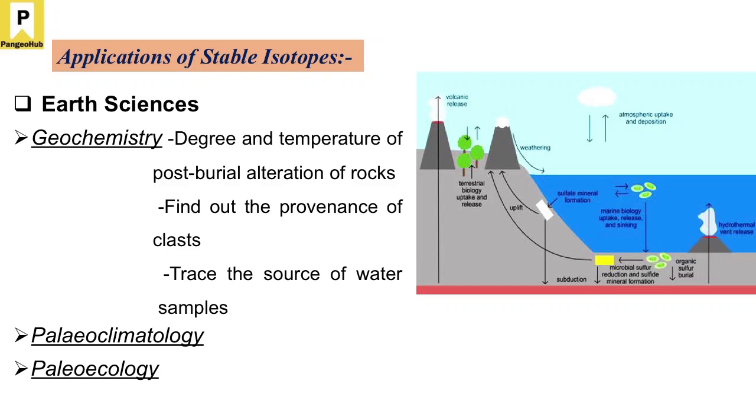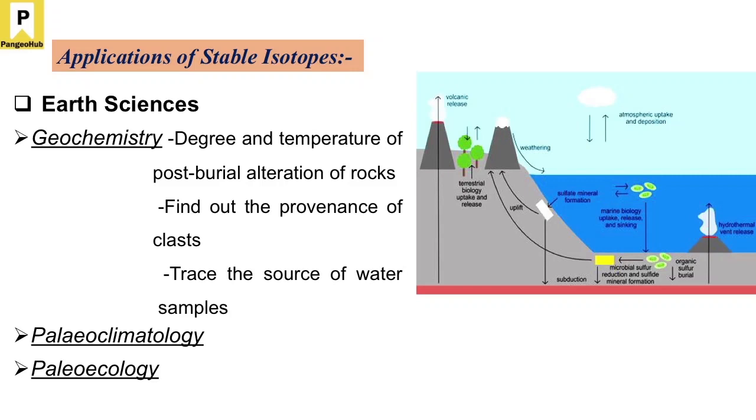Before going into the applications, first we have to understand some basic points which these stable isotopes follow. One characteristic of stable isotopes is that they have low atomic mass. Second, the relative mass difference between the isotopes is large. Third, they form bonds with a high degree of covalent character.